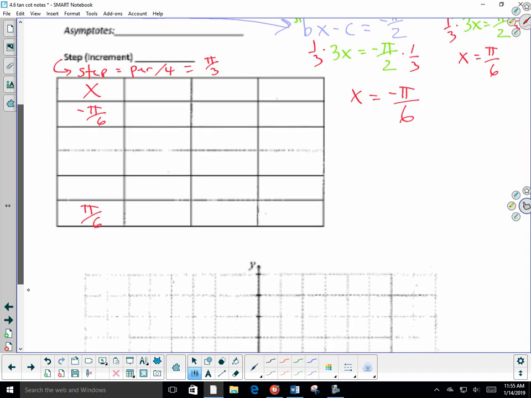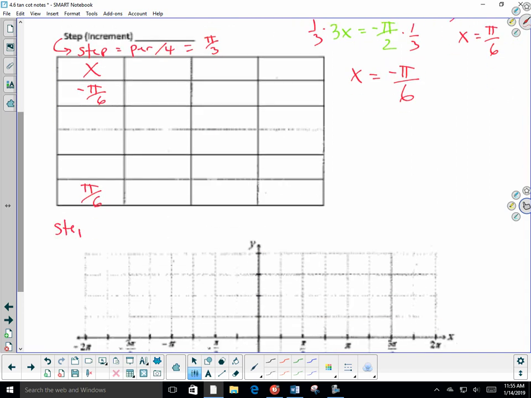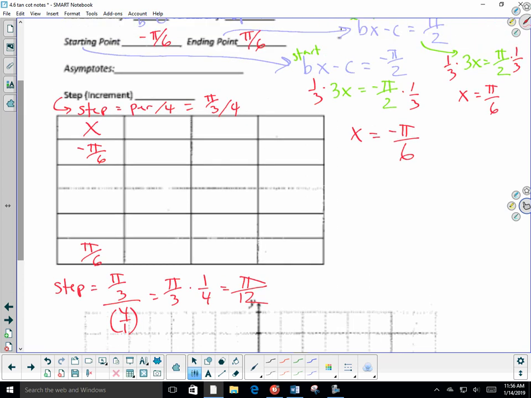We need a little bit more room here. So the step is going to be pi over 3 divided by 4. That's the same as pi over 3 times 1/4, which gives me pi over 12. So that's the step. I want to keep increasing, adding pi over 12 each time.